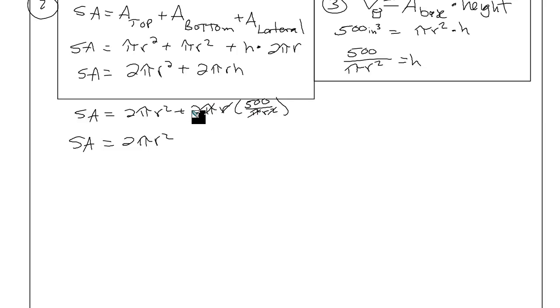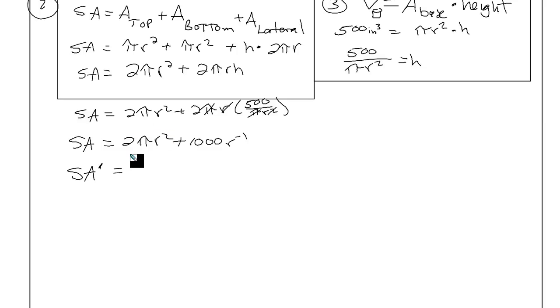Pi divided by pi cancels. 2 times 500 is 1,000, divided by r. I don't want to write divided by r. I want to write r to the negative 1. That way when I find the derivative, which is going to happen right now, I don't have to worry about a fraction.